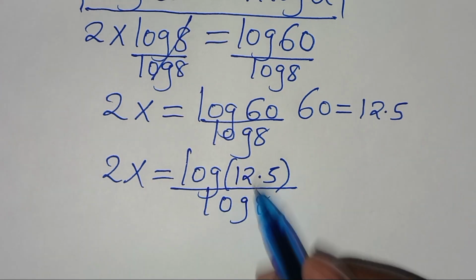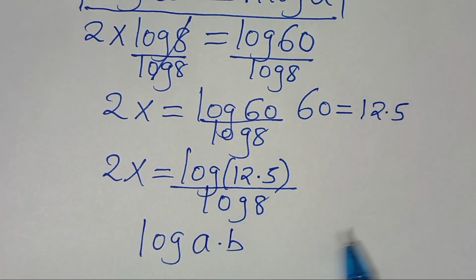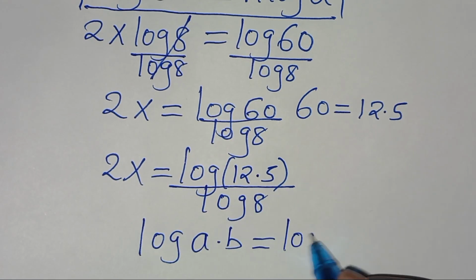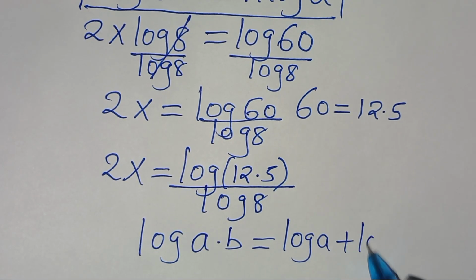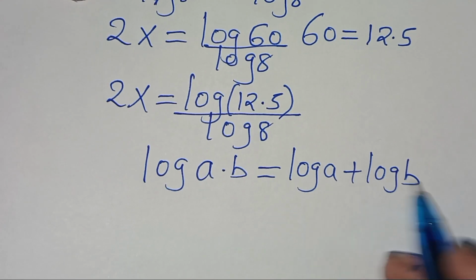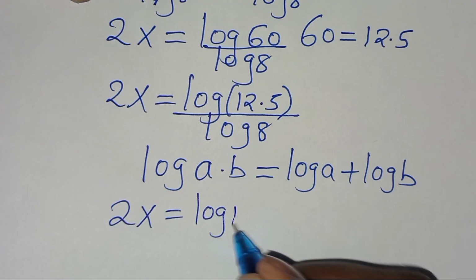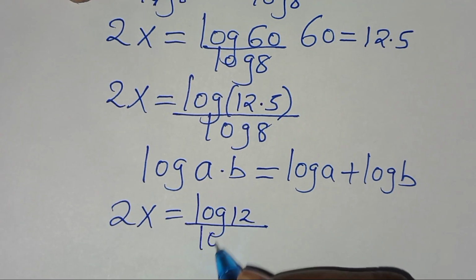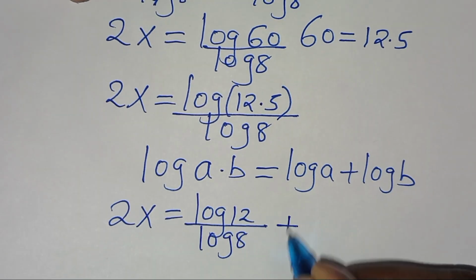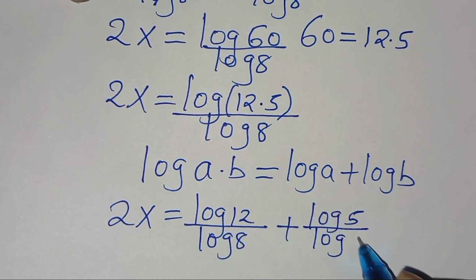Now, log 12 times 5, this is in the form of log a times b, which we can express as log a plus log b. Now, applying this logarithm property, we have 2x is equal to log 12 over log 8, then plus log 5 divided by log 8.